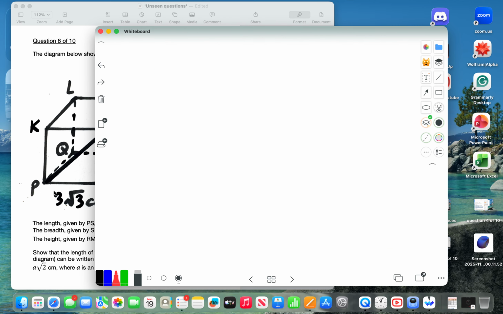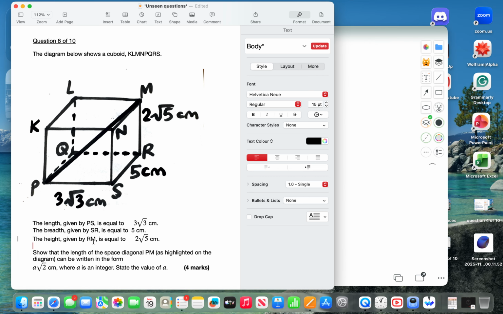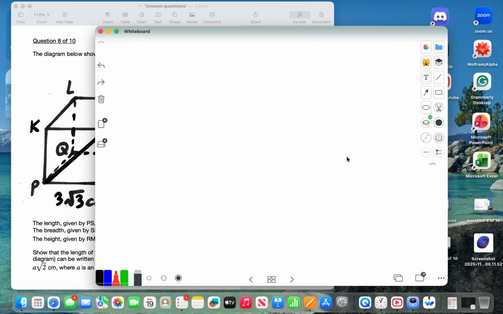So we're dealing with the space diagonal, and you should know the formula for a space diagonal using Pythagoras.